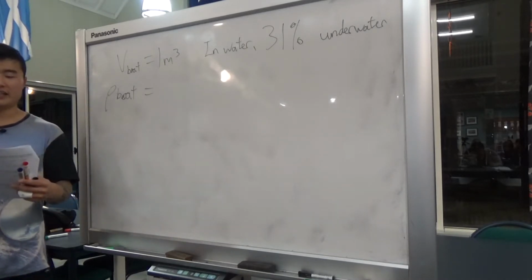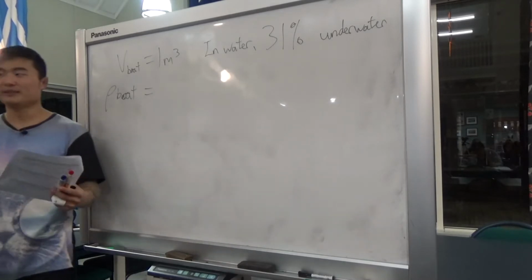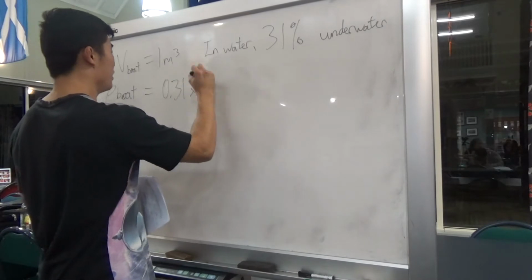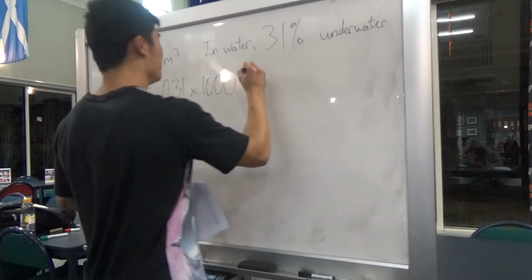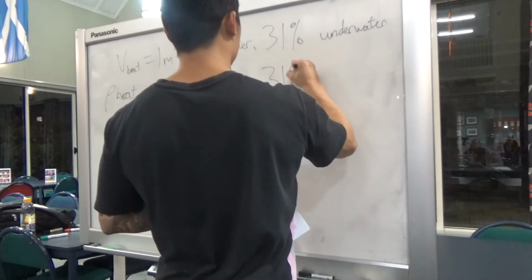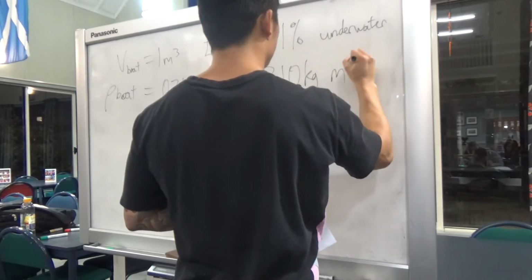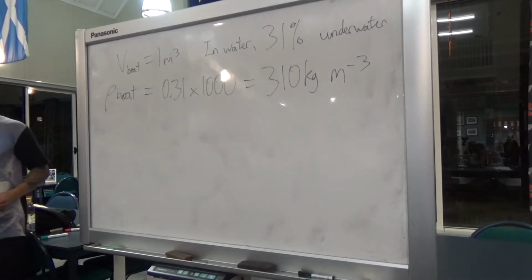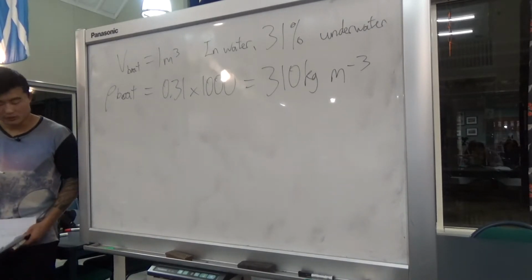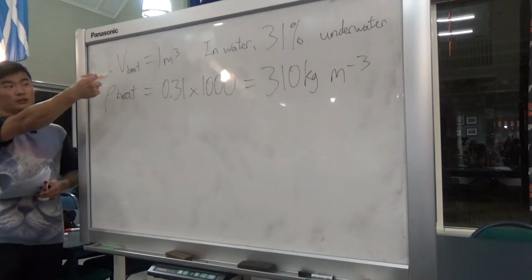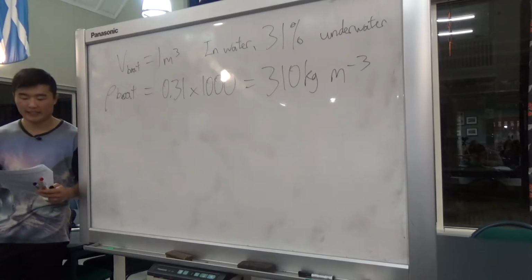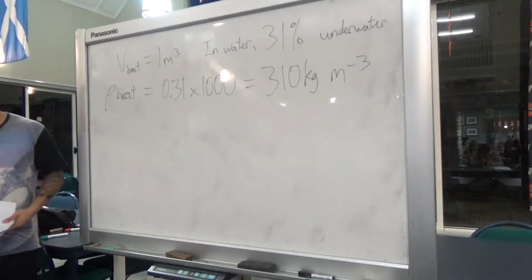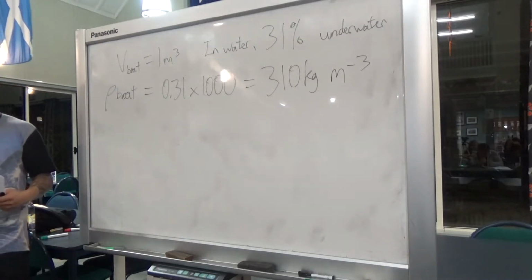So 0.31 times 1,000, which is going to be 310 kilograms per meter cubed. Okay. So because we said that the volume of the boat is 1 meter cubed, now we can say that the density of the boat must be 310 kilograms per meter cubed.